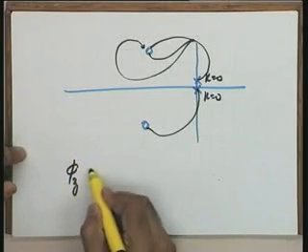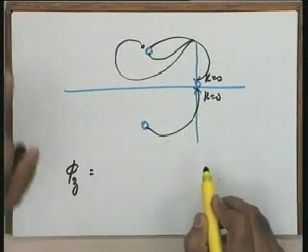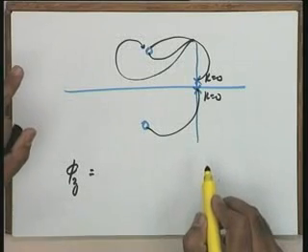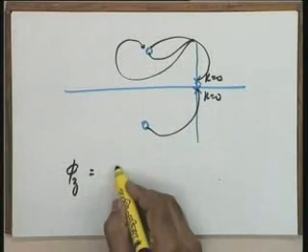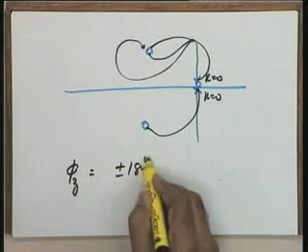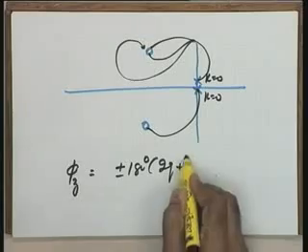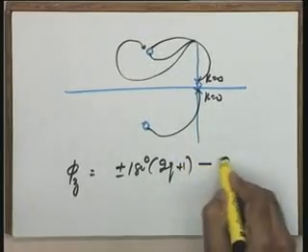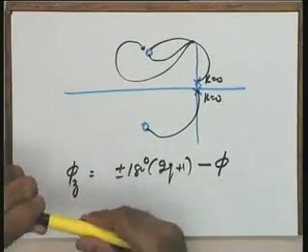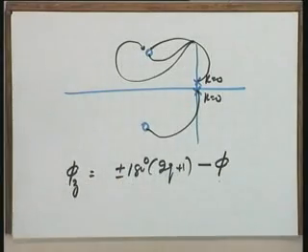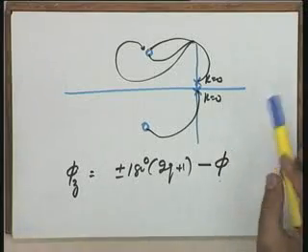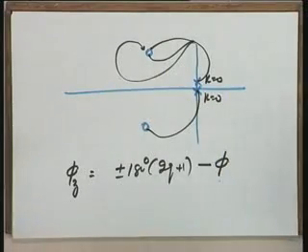Phi z, the angle at which the root locus branch will approach a complex zero, is equal to again plus minus 180 degrees into 2q plus 1, minus phi, where now what is phi? The same thing, the net angle contribution due to all other poles and zeros at the zero under consideration.